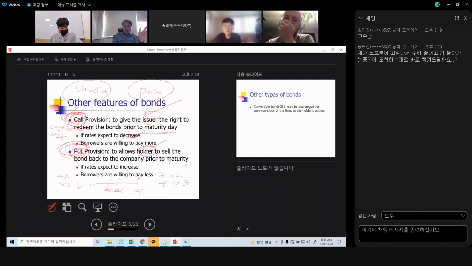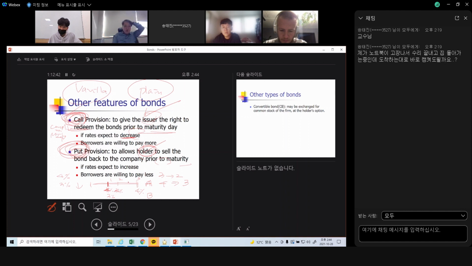Okay, then I already issued the bond with a 4% coupon. Then it's a loss from the point of the company, right? If the company redeems this bond A at year 1, and then the company issues bond B with a 3% coupon rate, then it's a benefit to the issuer.